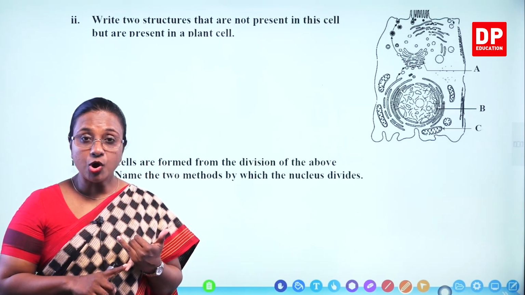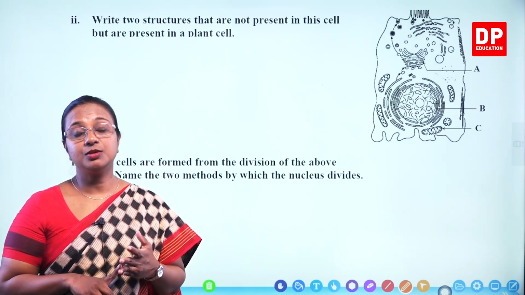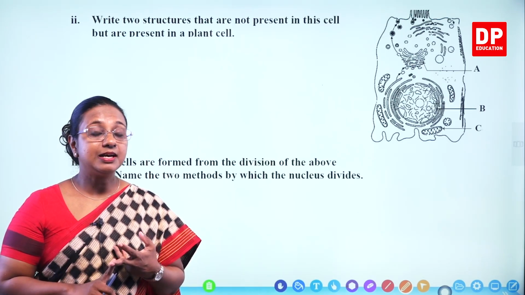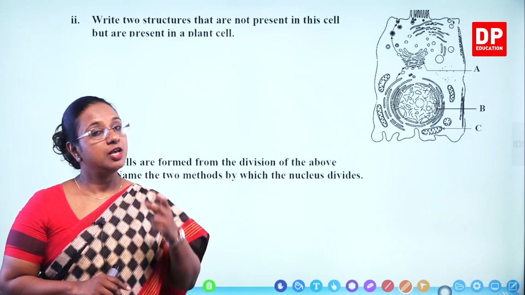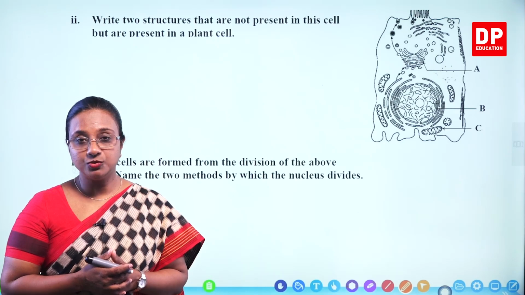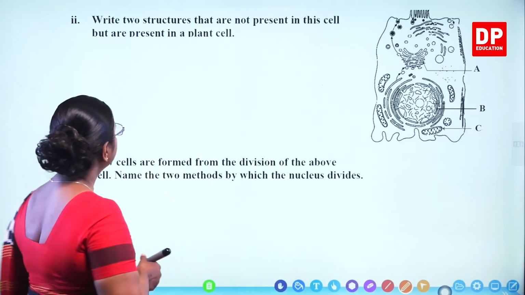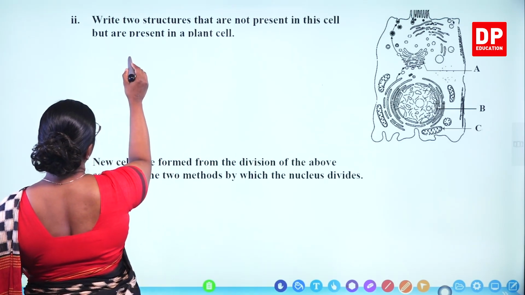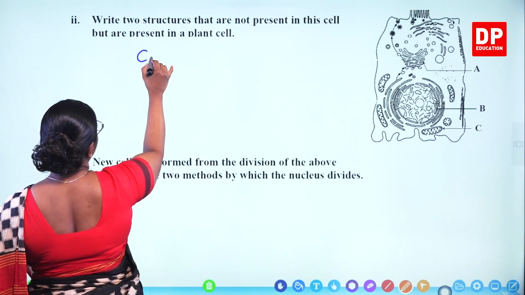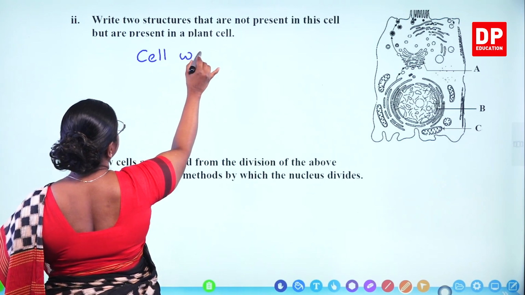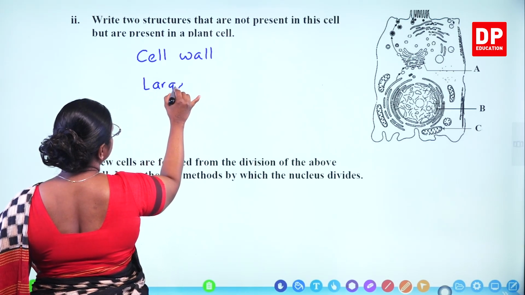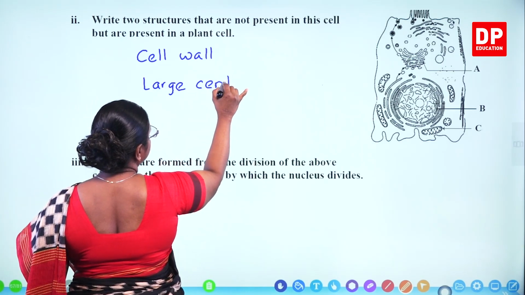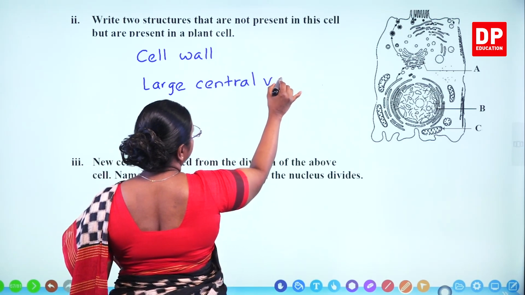One is the cell wall, the other one is the chloroplast, and the third one is the large central vacuole. You can write any 2 structures. So, here I will write the structures as cell wall and large central vacuole.